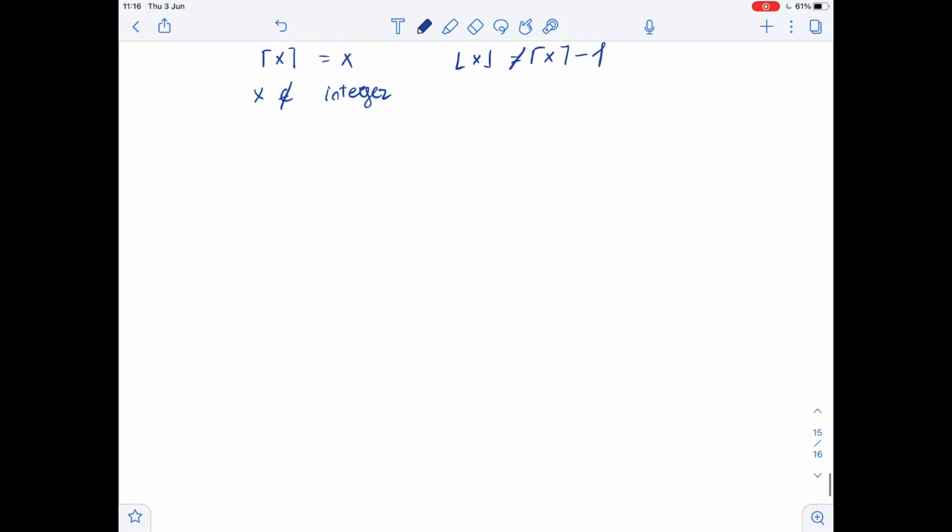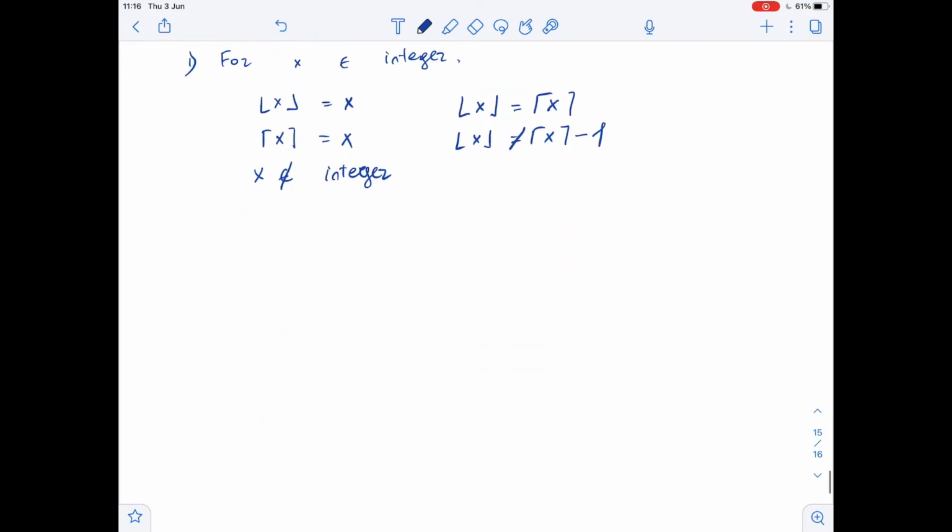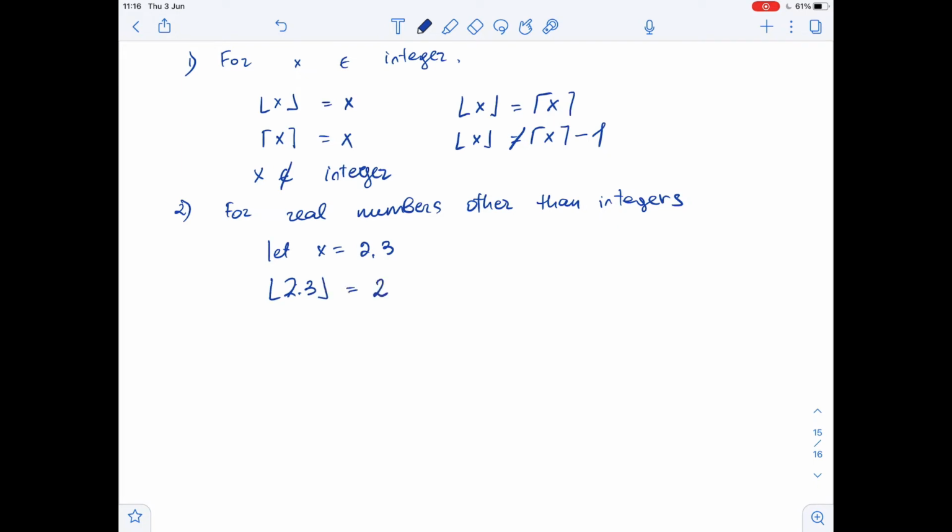Now we will look at the case of real numbers other than integers. Let x be, for example, 2.3. So then we know that floor function of 2.3 is equal to 2 and ceiling function of 2.3 is equal to 3.